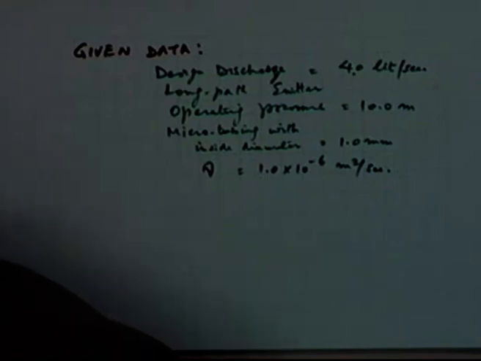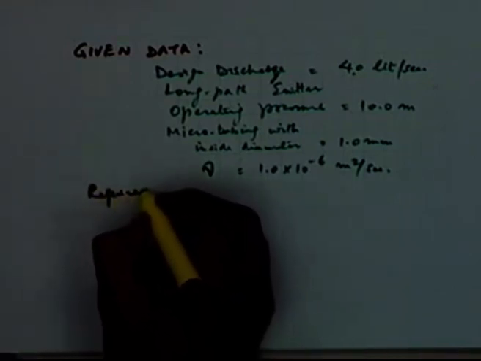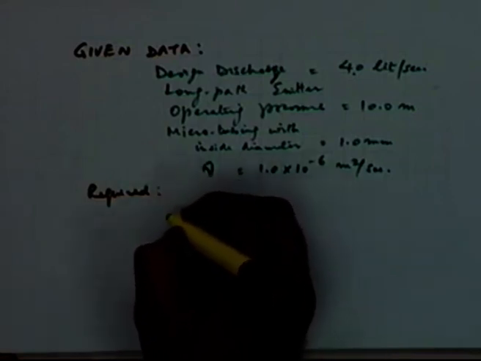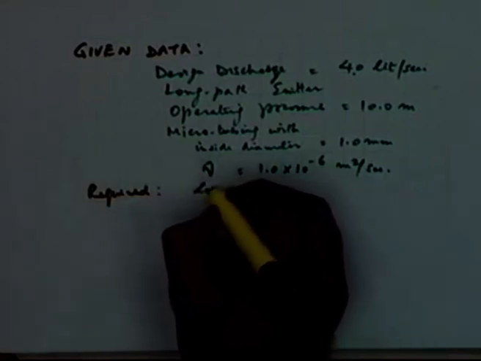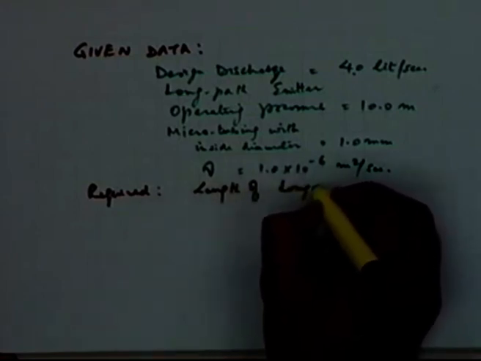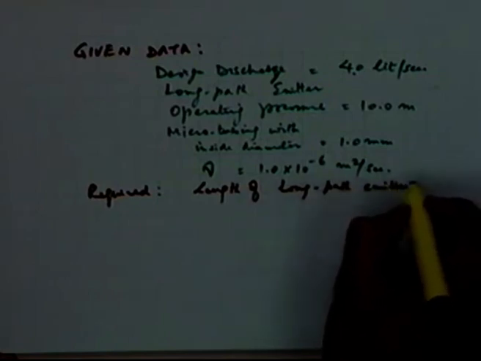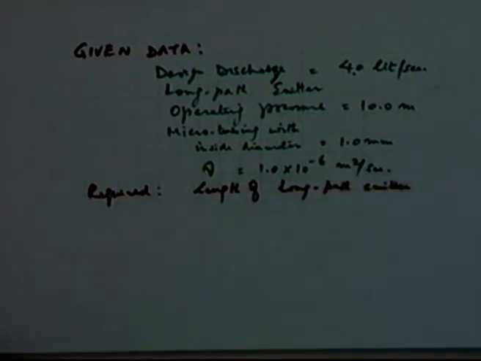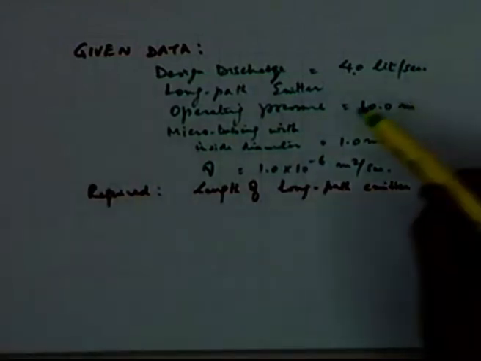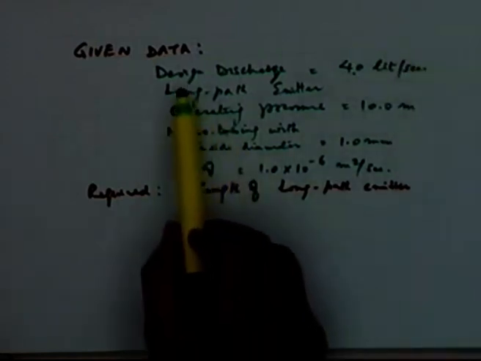Now, what is required? You are required to compute the length of the long path emitter. How much length is required if these are the required design parameters to be fulfilled?